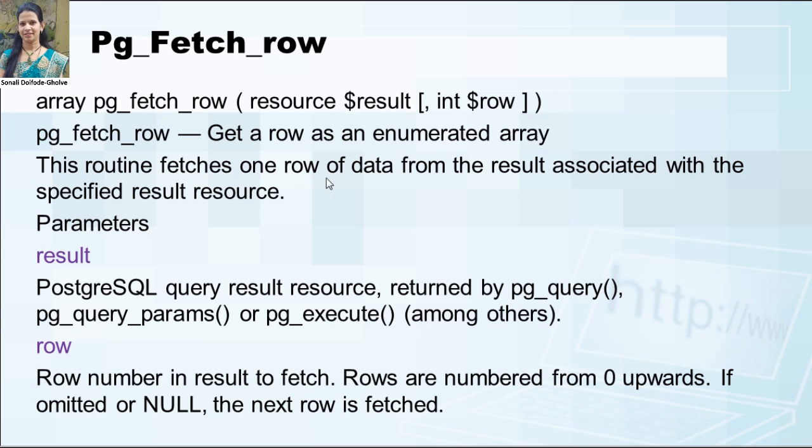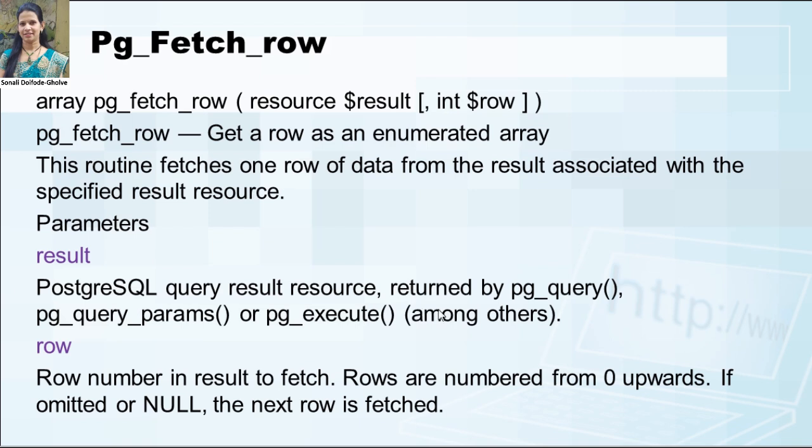This routine fetches one row of data from the result associated with the specified result resource. In this we are using two parameters, result and row. Result is your first parameter, and row is your optional parameter.